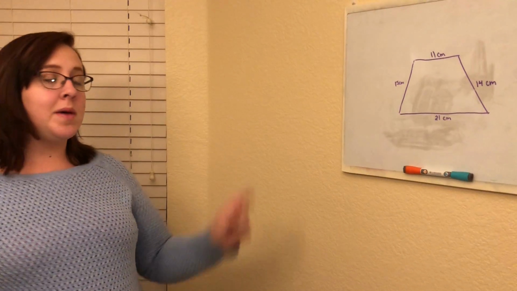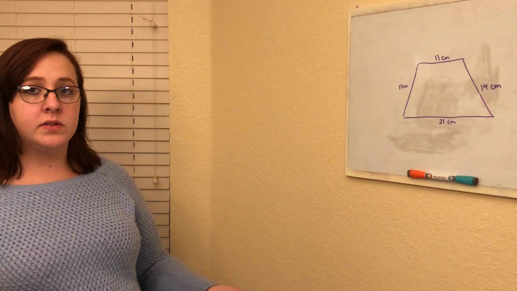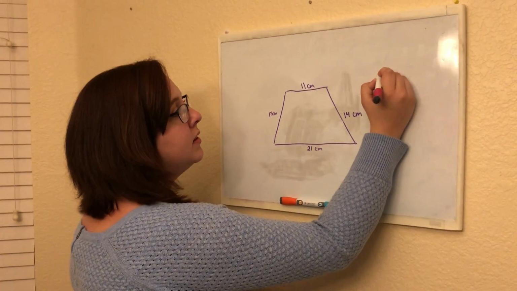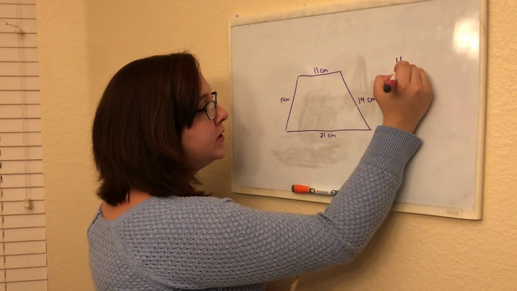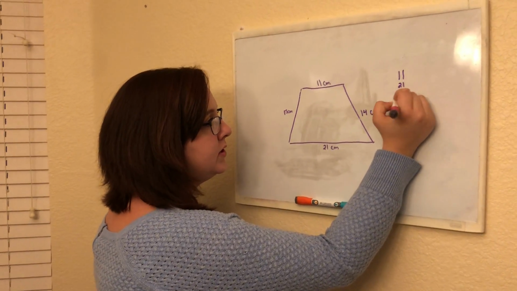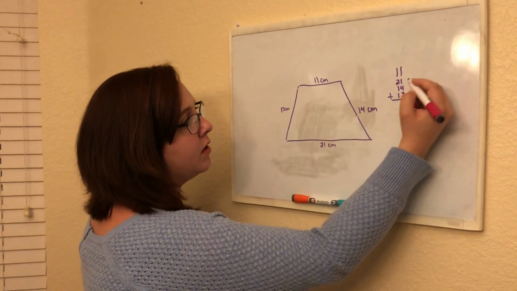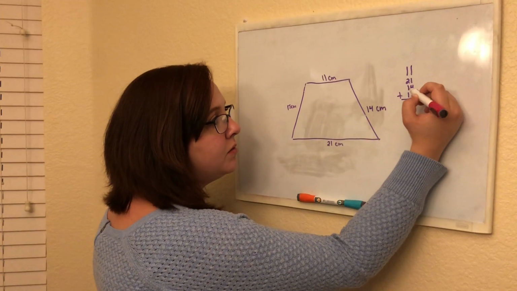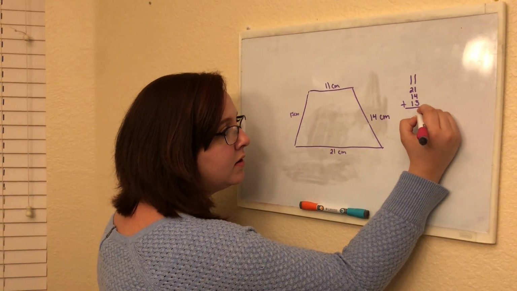Now, does anybody remember what we do to get the perimeter? We're going to add them. Right. So, let's do 11 plus 21 plus 14 plus 13. Add those together. What's 1 plus 1? 2. What's 2 plus 4? 6. What's 6 plus 3? 9.